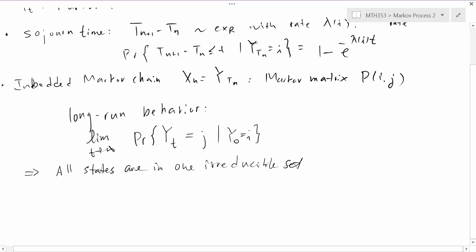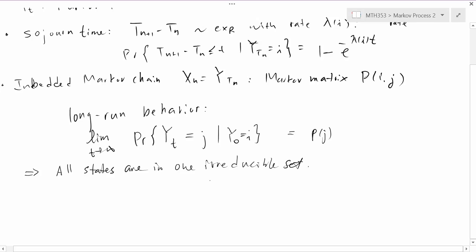And then we can find this limit, and we call this limit P_j. So P_j describes how likely the system is going to be in state j over a long run, for a long time.